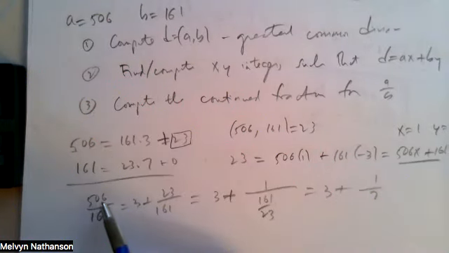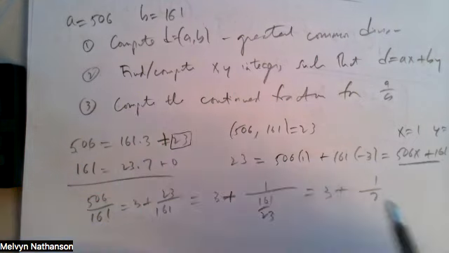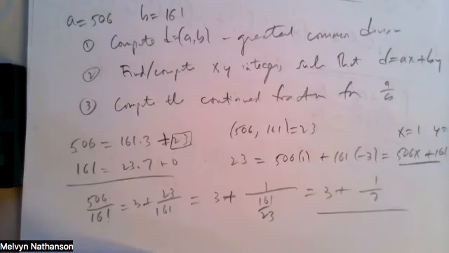So the simple continued fraction for 506 over 161 is very simple. It's 3, 7. Okay. Any questions about that?